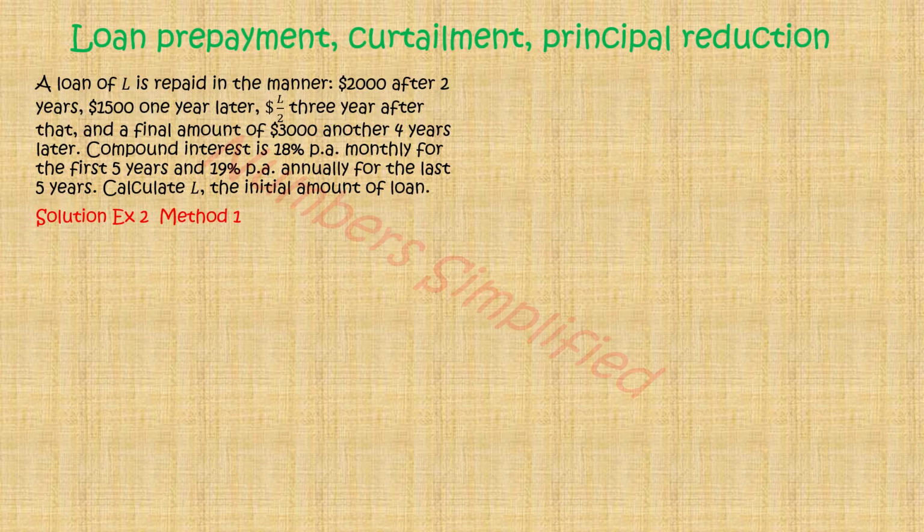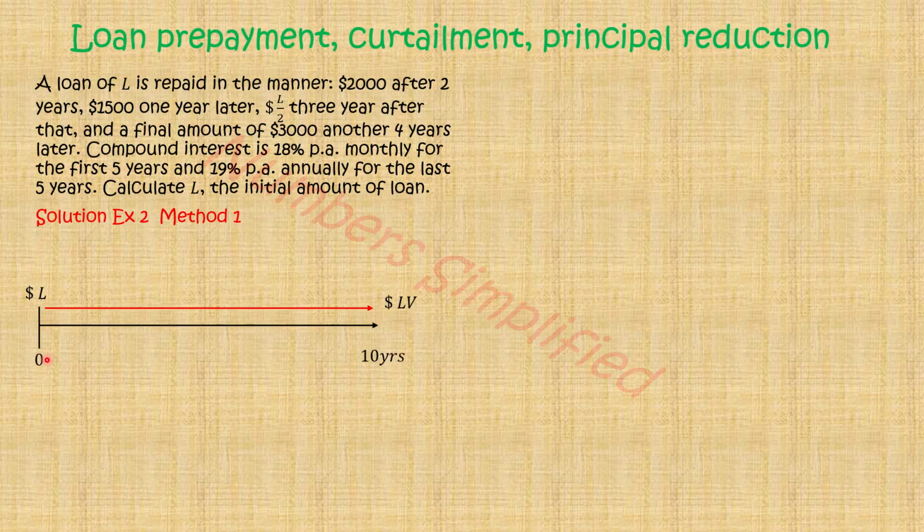So it is important to take note of everything that we are given. So the first thing is the loan itself. So the loan itself is given, and that loan is L at time 0, and that loan is going to mature after 10 years.